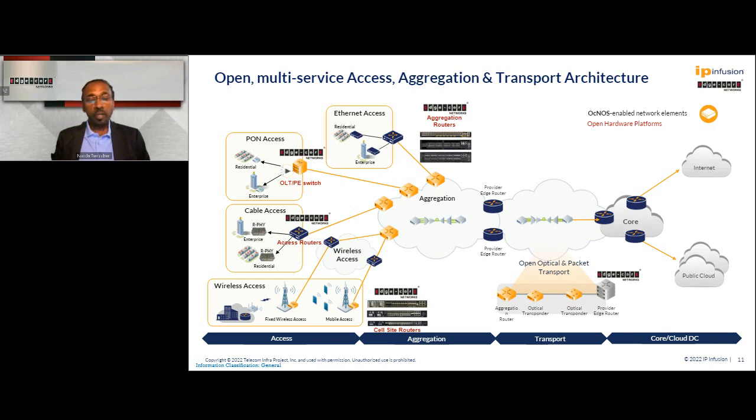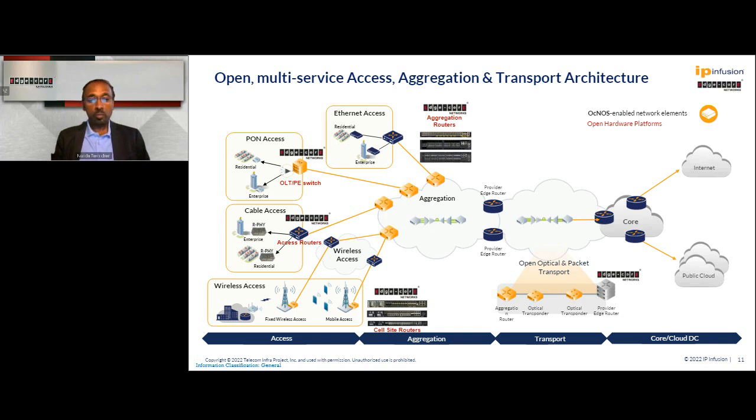But service providers need different capacities to support their requirements. So I just wanted to mention that the port configurations and the capacities required are all listed here, for whatever the service provider requires.